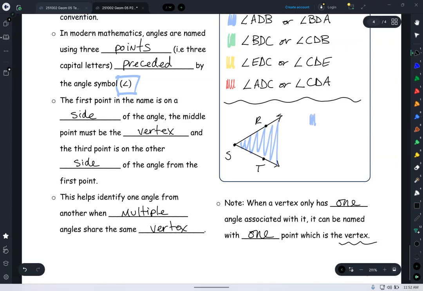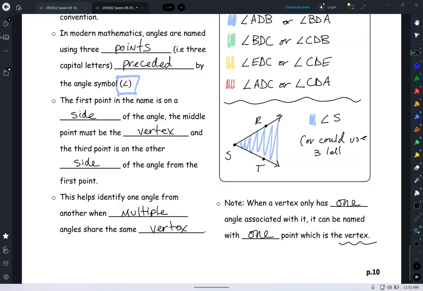So this situation is, you can see that I only have one angle associated with the vertex S. And so in this case, it's okay to call this angle S. Okay? Now, again, we could use our 3-letter naming.